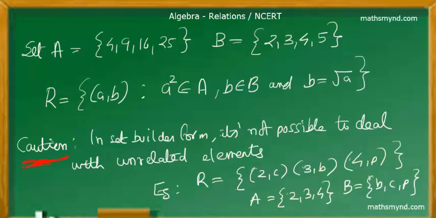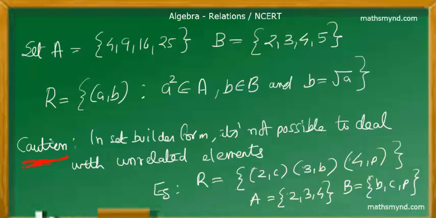You'll also have to mention that we are dealing with natural numbers, such that 4 is less than or equal to x squared, which is less than or equal to 25. So you'll have to mention which natural numbers we are dealing with. Only then you can specifically represent the elements in the roster form.